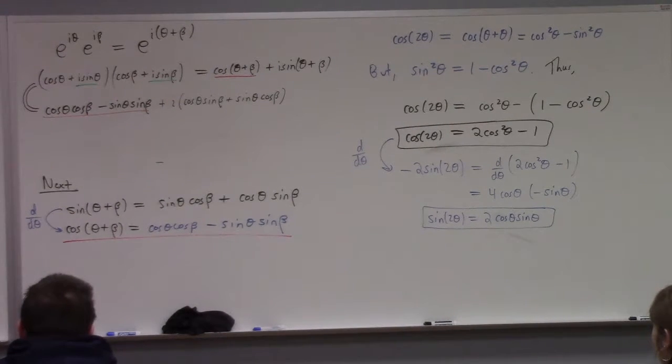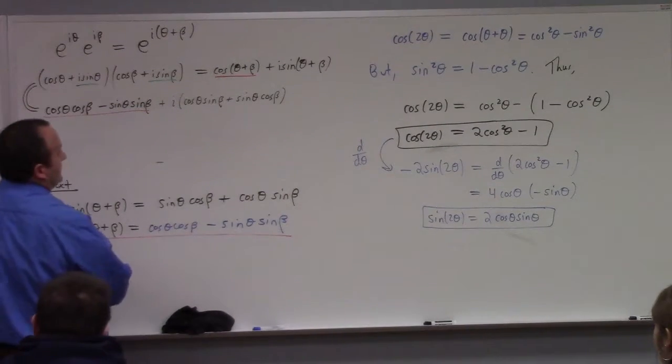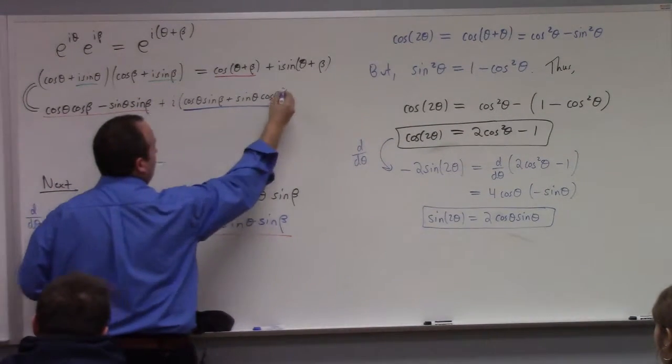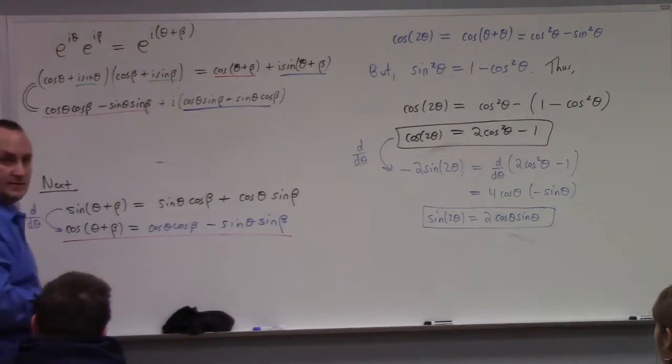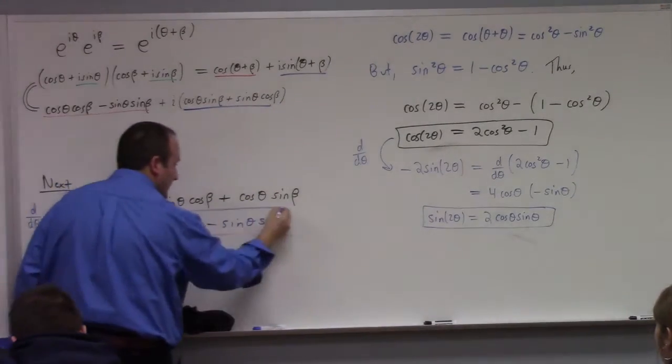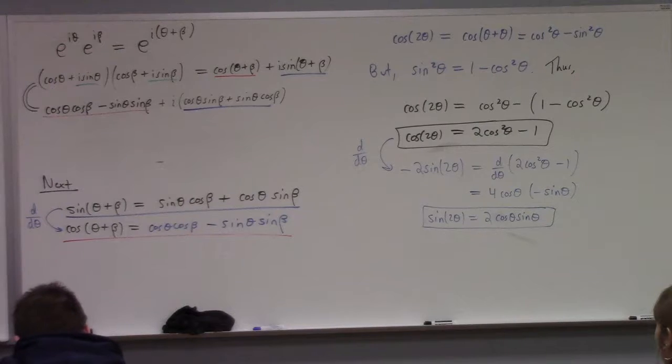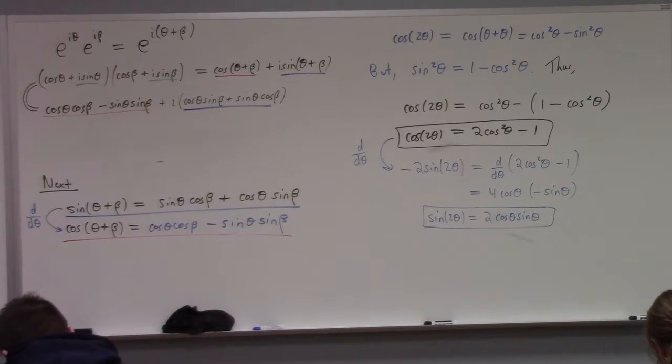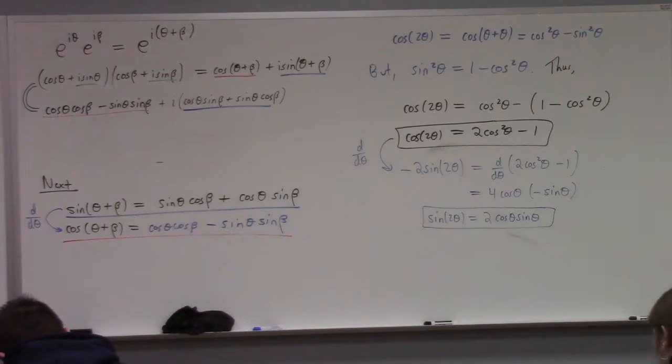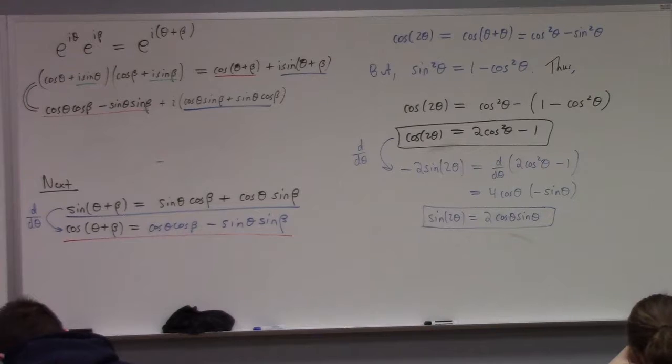How about the other one? How about the imaginary part of both sides? If we equate this imaginary part to that imaginary part, it's exactly the adding angles formula for sine. So you see, the adding angles formulas for sine and cosine are both hidden in a natural way inside just the plain old law of exponents for imaginary exponentials.